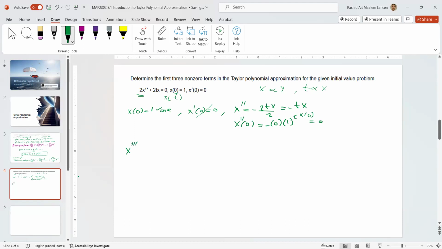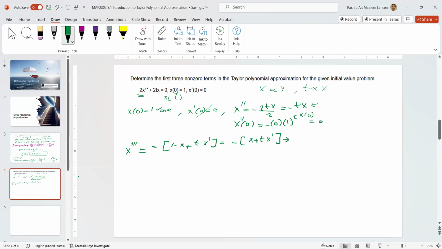The third derivative. Now I need to differentiate this. Remember, this is a product, so we need the product rule. It's going to be t prime, which is 1, times x, plus t times x prime. So x plus tx prime.